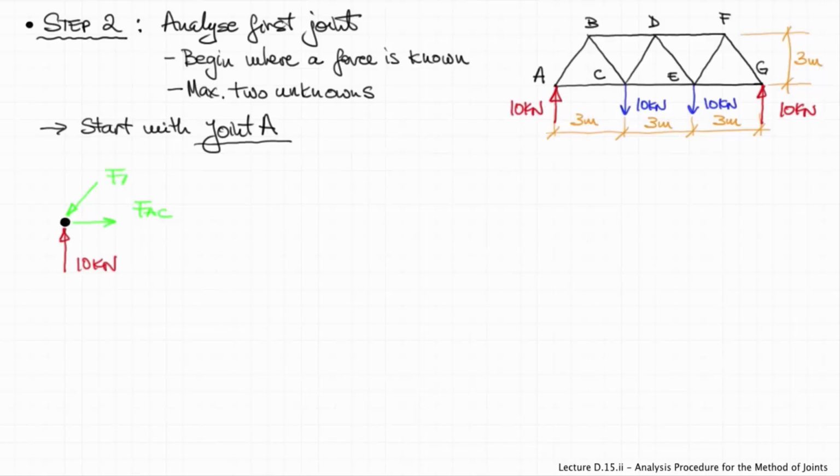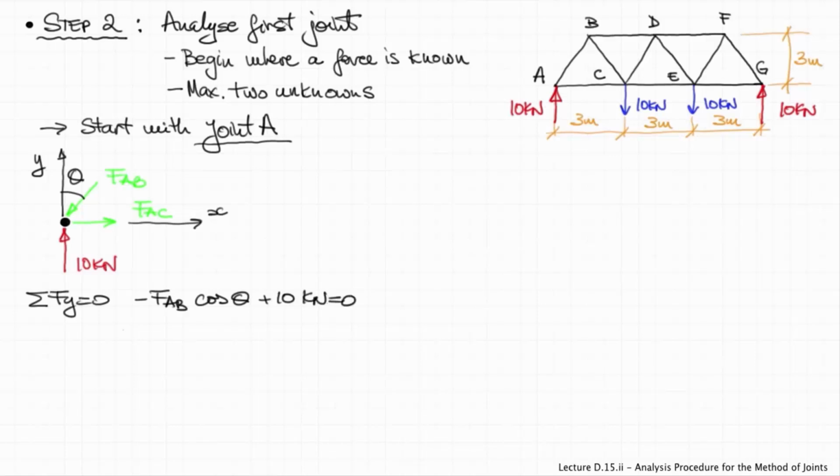So I've started already drawing the free body diagram of the joint at A. The 10 kilonewton force is given. FAB and FAC are unknown forces, shown in green. If we sum the forces in the y direction, FAC has only x components. So we can quickly solve for FAB by knowing the angle theta, which we can easily determine from the overall geometry of the truss.